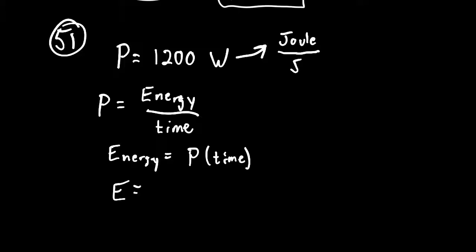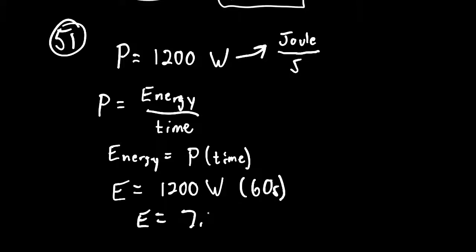So the energy that it takes is the power of 1200 watts. Oh, I really hope they gave us a time. Did they give us a time? Yeah, what's the time? 1 minute. So I need to multiply that by 60 seconds. So the energy I'm using, 1200 times 60, is 7.2 times 10 to the 4 joules.